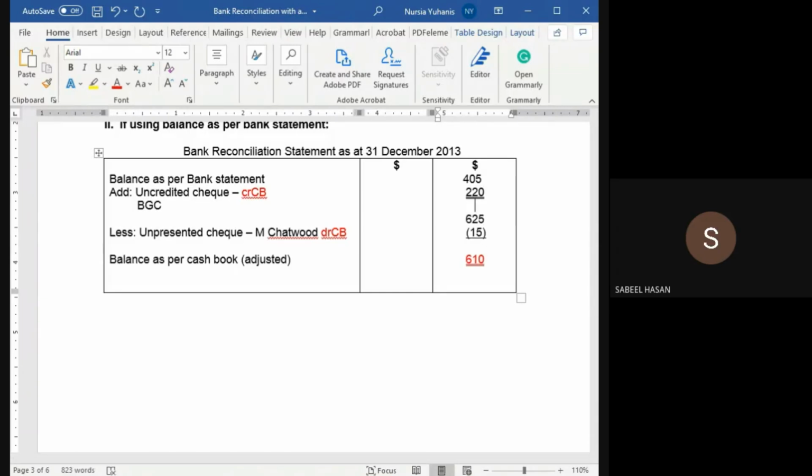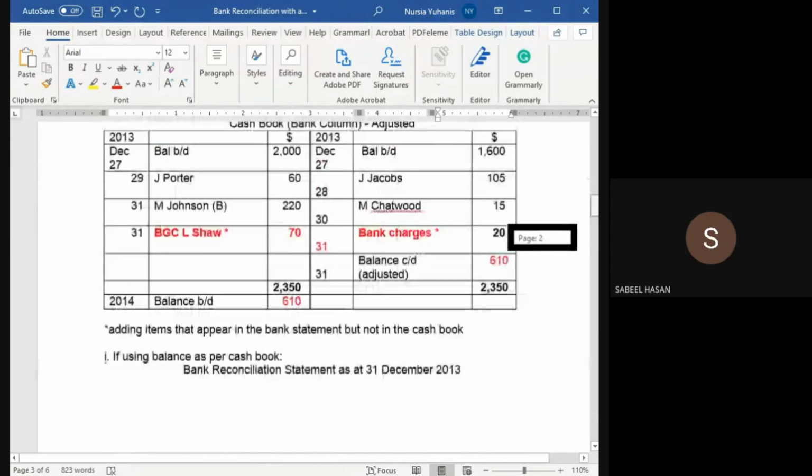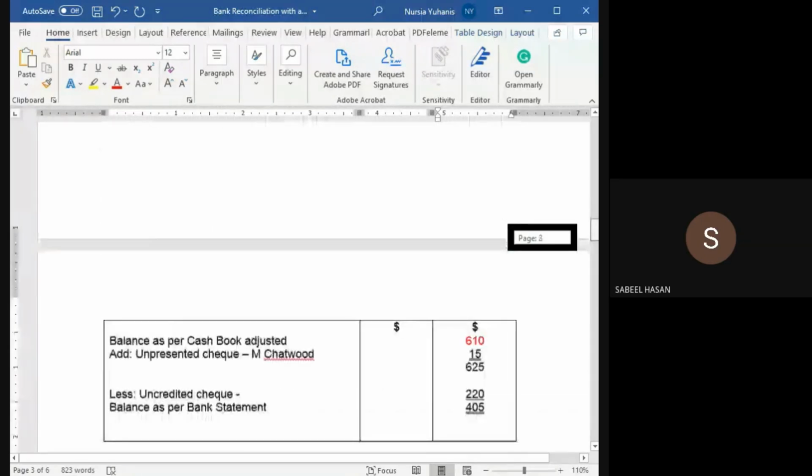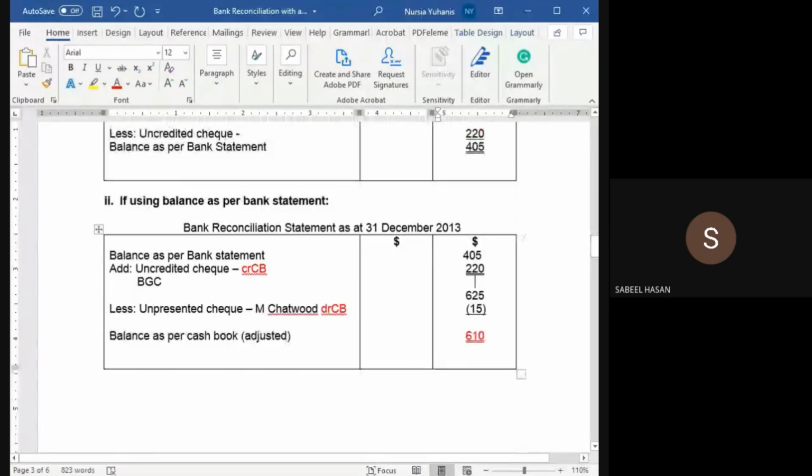How much is the amount? 70. So 405 plus 220 plus 70, then you will get 695.